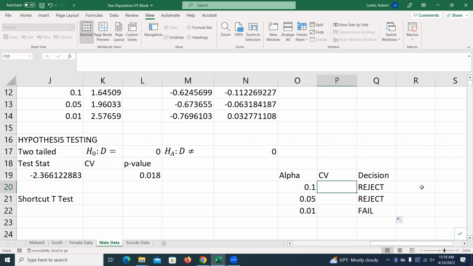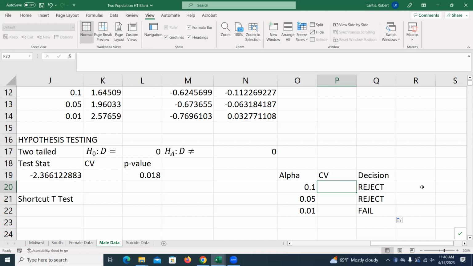So what's something that we've already done that we could probably reuse? What did we do for confidence intervals? We literally found the t-value that would give us alpha over 2 in each tail. So if you're building confidence intervals, those values that you find would be your critical values for a two-tailed test.